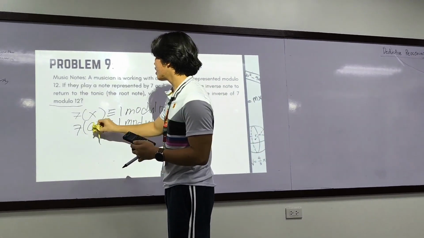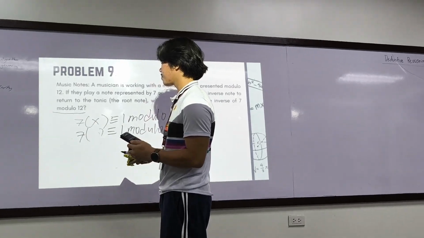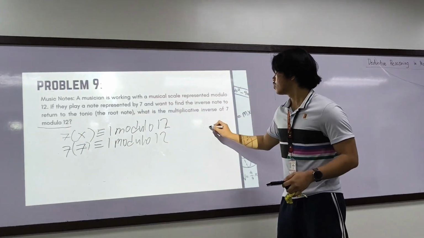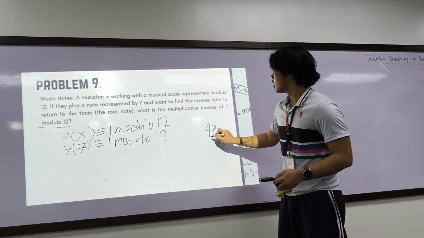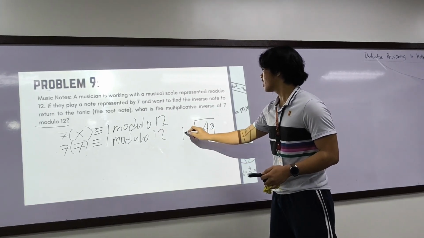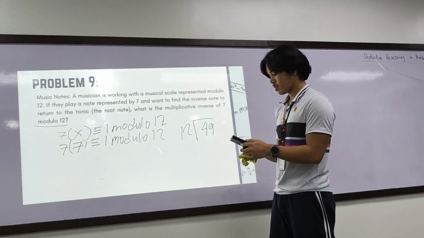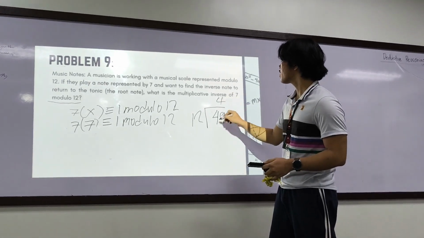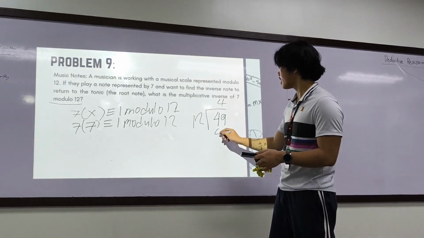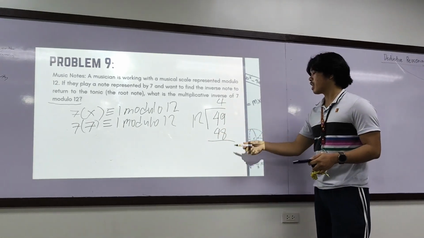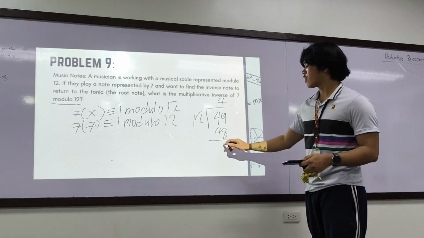So let's proceed to another number, which is 7. 7 times 7 is equal to 49. 49 divided by 12, we will have 4. So 4 times 12 is 48. When we subtract 48 from 49, we have 1.